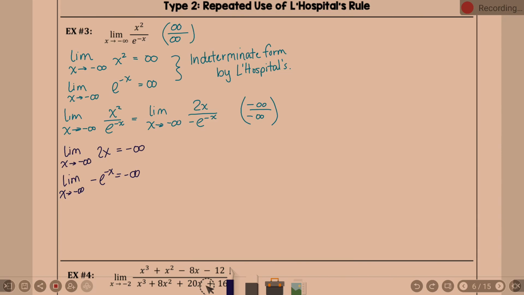I'm really not. But I need you to know how to do it if it comes up on AP. Fair enough? And if I don't teach it now, when am I going to teach it? So, here again, negative infinity over negative infinity, we have another indeterminate form. So we're going to use L'Hopital's.